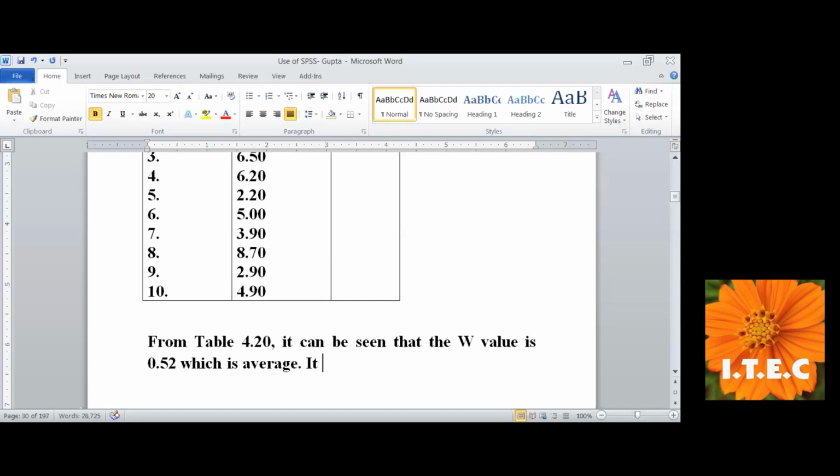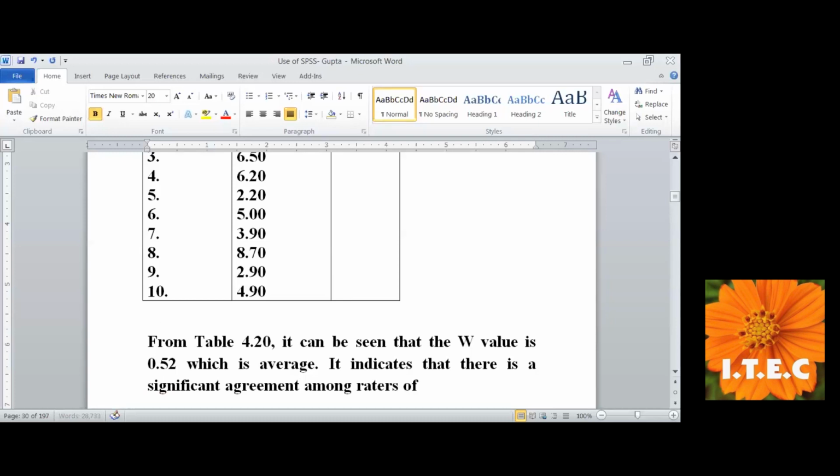So it indicates that there is a significant agreement among raters of handwriting.